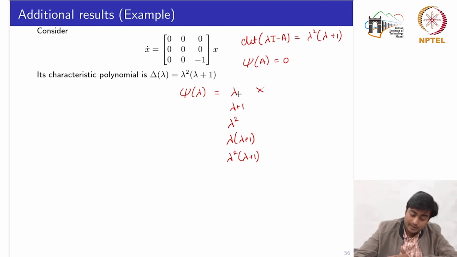So lambda should definitely be a part of it. Either it would be lambda, lambda square, lambda plus 1, or lambda square, lambda plus 1. So this is not an option for the minimal polynomial, right?